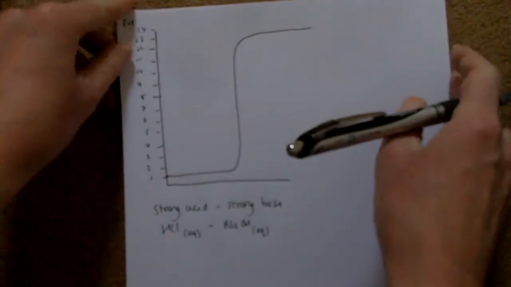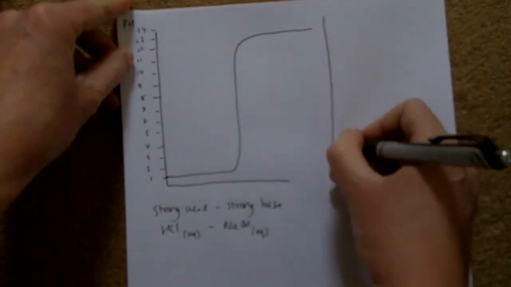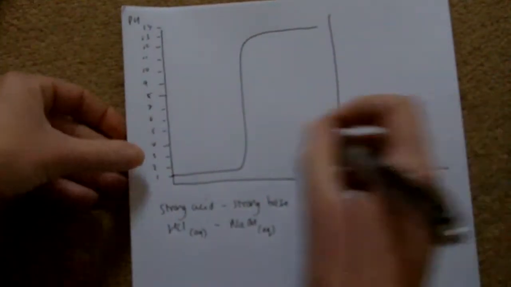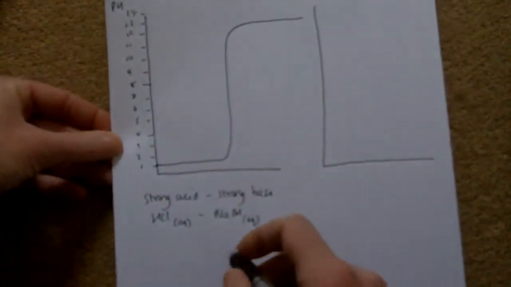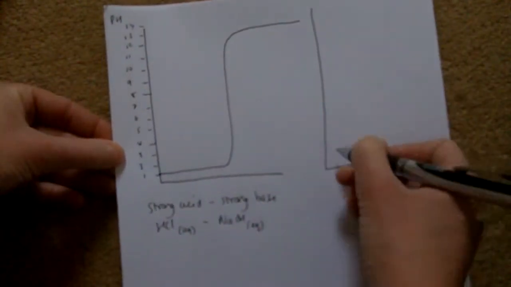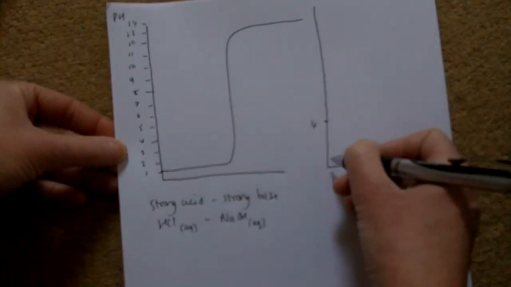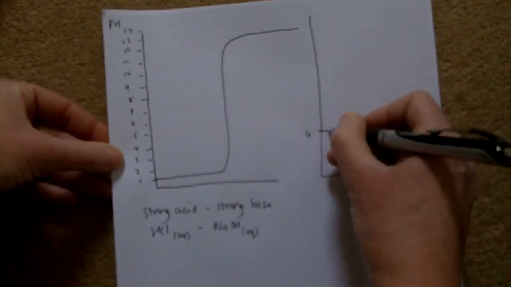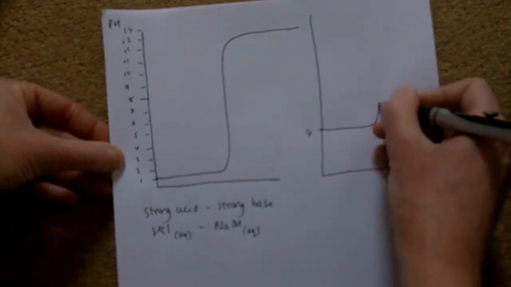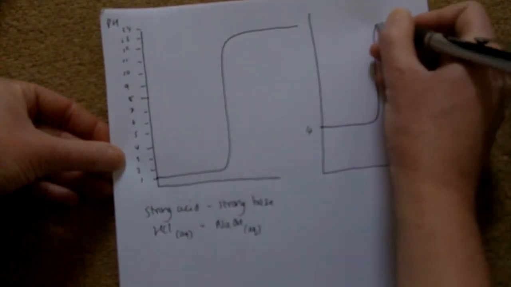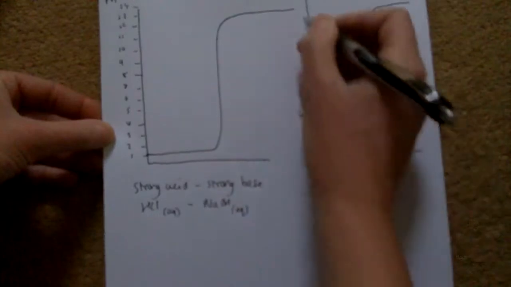If we did another titration curve on the same scale, this time the pH starts at about pH 4 but finishes at the same point, about pH 13.